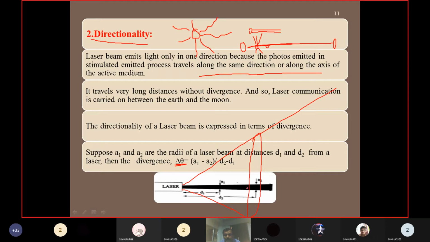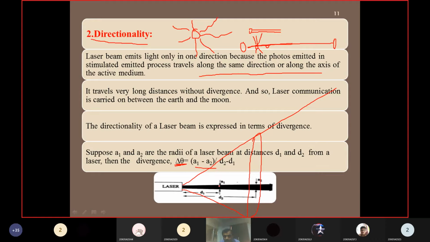So the divergence angle is the difference of the radii, a2 minus a1, divided by d2 minus d1. This is d1, this is d2.